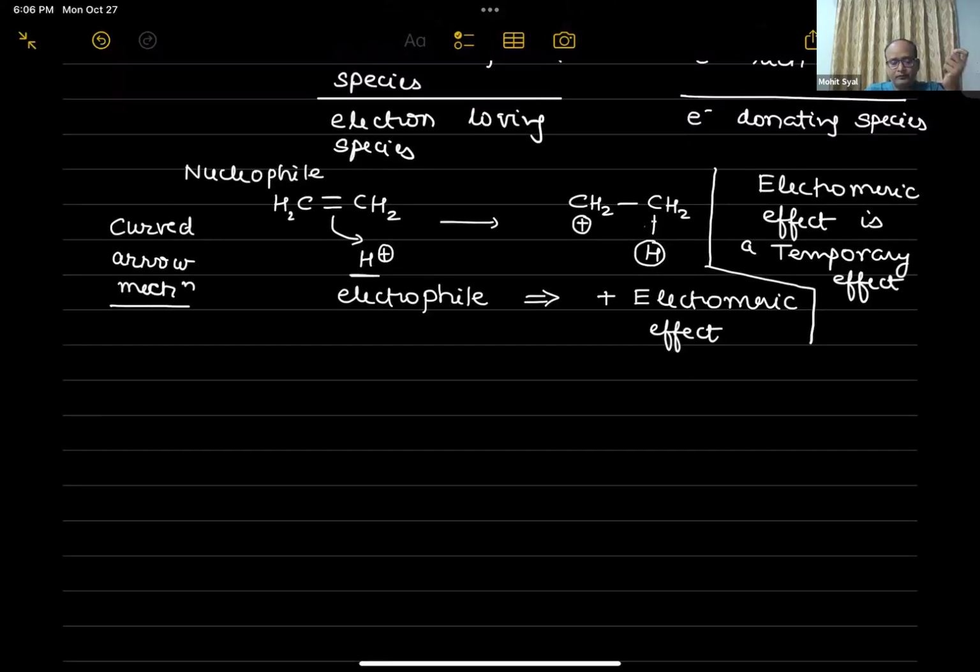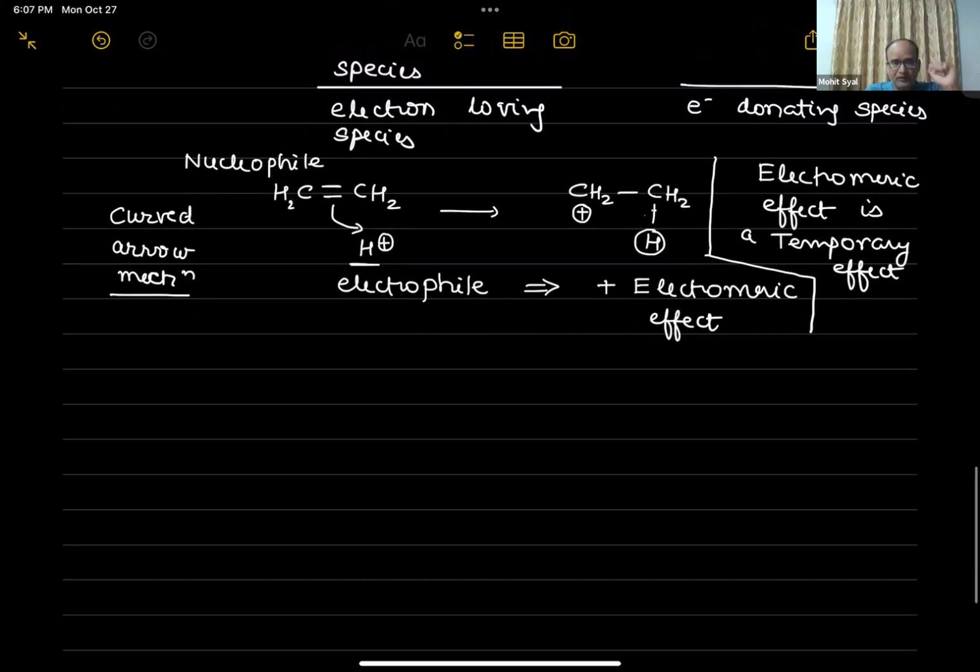Any doubts on this? This is very important. If you can master this, you will have no problem throughout your class 12th organic chemistry. Is this clear? Yes.